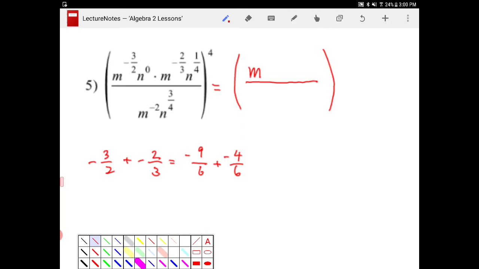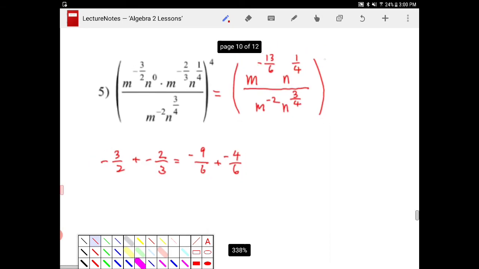That's negative 13/6. And then n to the 0th and n to the 1/4, well, that's just n to the 1/4 then, over m to the negative 2, n to the 3/4, all to the 4th power.